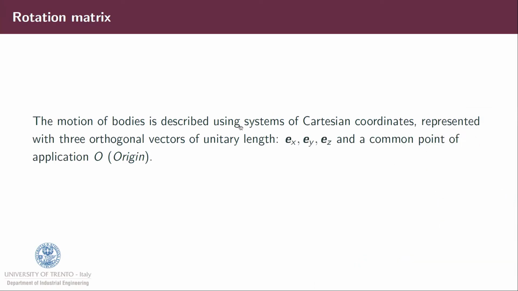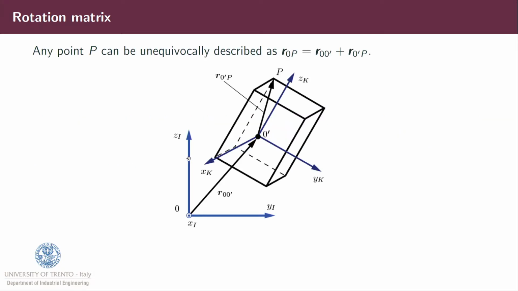The motion of bodies is described using a system of Cartesian coordinates represented with three orthogonal vectors of unitary length, Ex, Ey, and Ez, or E1, E2, E3, depending on the convention, and a common point of application, O, which is the origin.